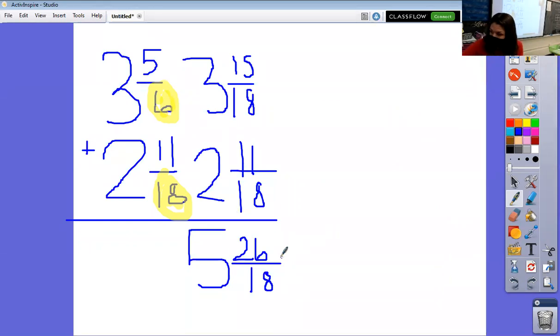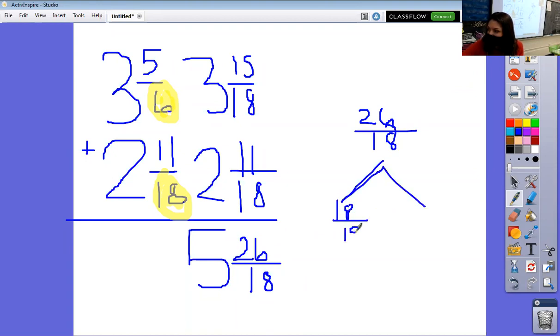So if I say 26/18 is sort of like saying I have 18/18 and how many extra 18ths? What's the difference between 26 and 18? 8, right? So I have 8 leftovers, right?